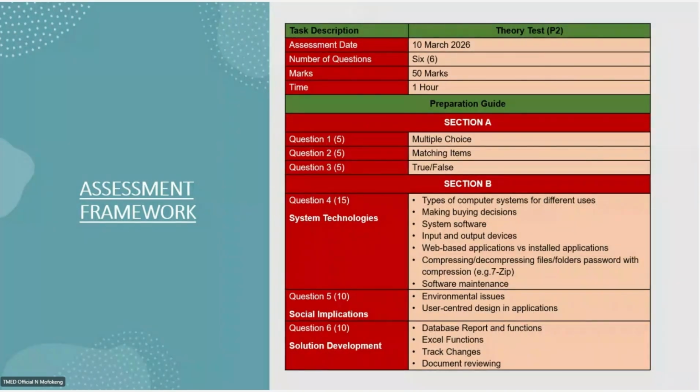So when you are preparing yourself, your preparation is not only limited to this assessment framework. All the content that you did in term one, it is very important to ensure that you prepare it, because that content will be part of your junior examination, will be part of your trial examination, and will definitely be part of your final examination.